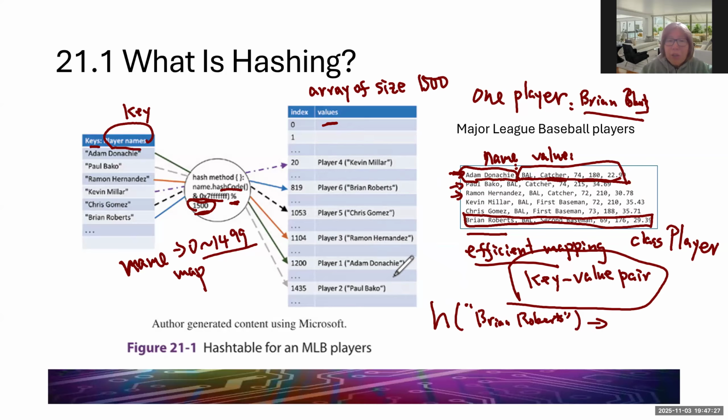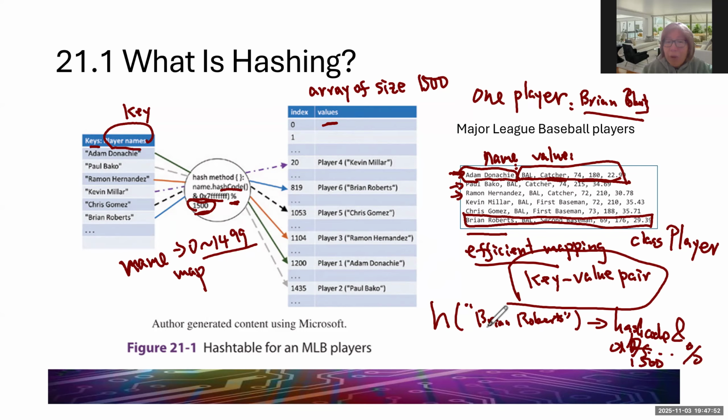Then it will generate a hash code, some integer number, and then it does the bitwise AND operation with that 0x7 something, and after that you take modulo 1500.